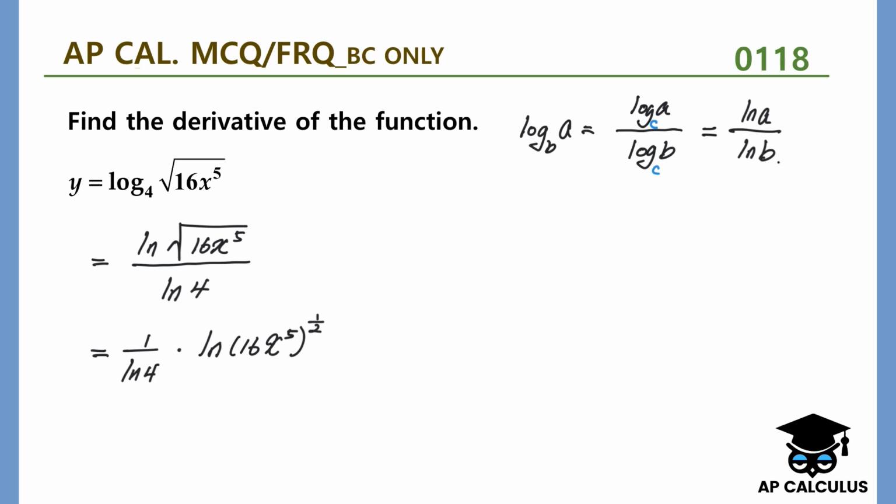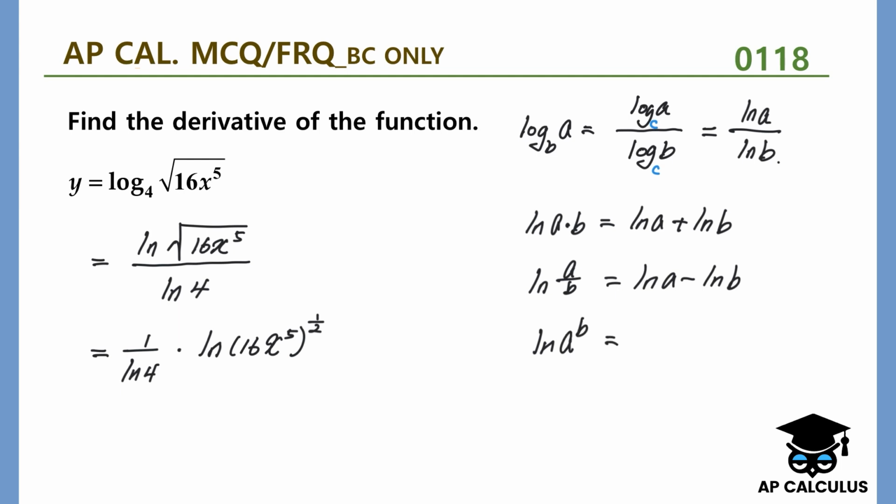Another logarithm property: if we have natural log of A times B, then it can be separated into two logarithms, natural log A plus natural log B. If we have natural log of A over B, then that's natural log A minus natural log B. If we have natural log of A to the power of B, then that's B times natural log A, right?